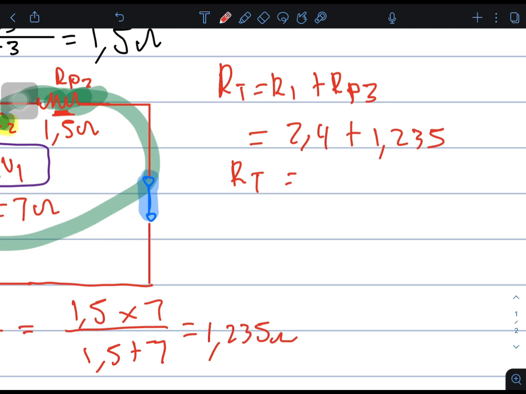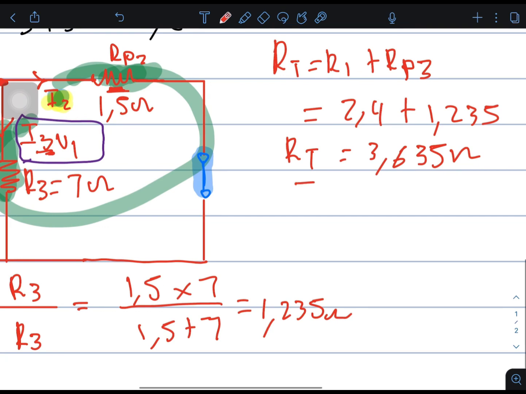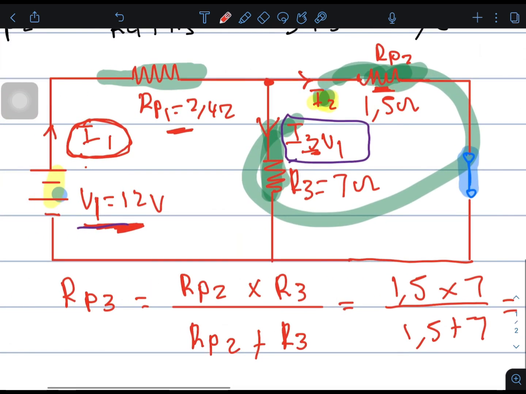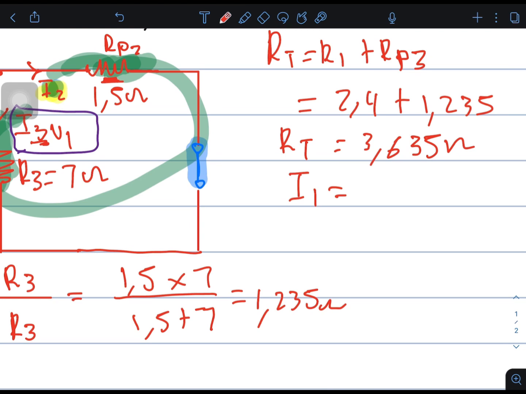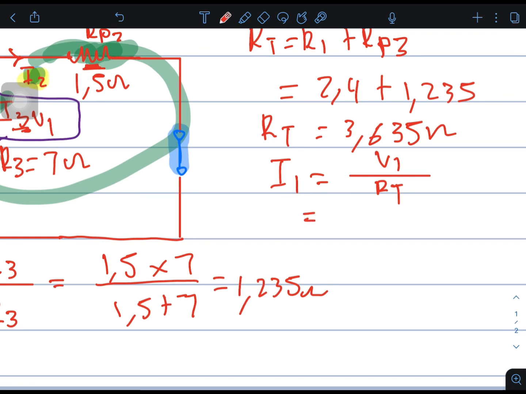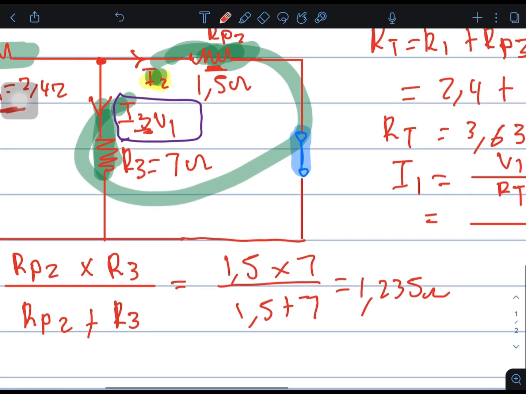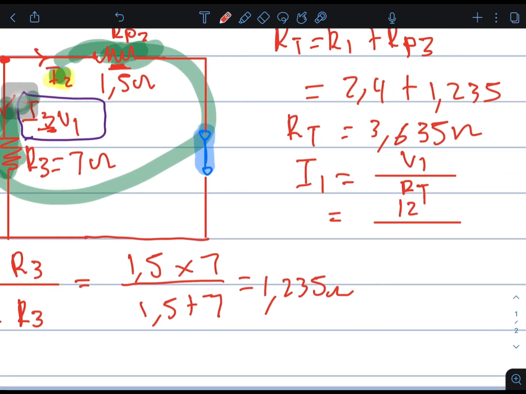2,4 plus 1,235 is going to be 3,635 ohms. Now we have found RT. Now we can find the total current, which is I1. The total current would be the voltage V1 over RT, which is 12 over 3,635.